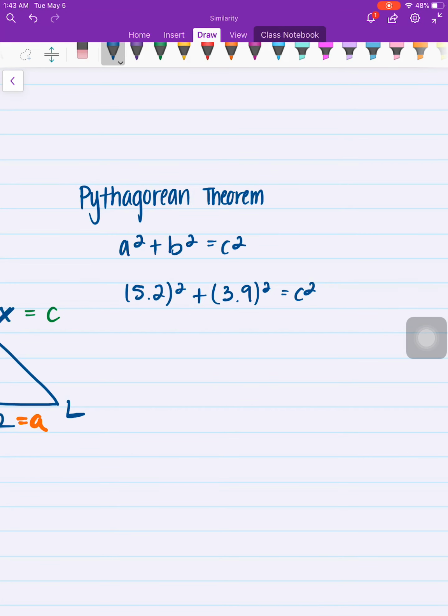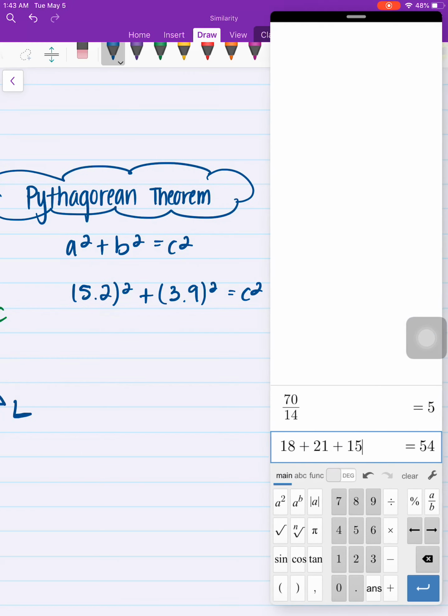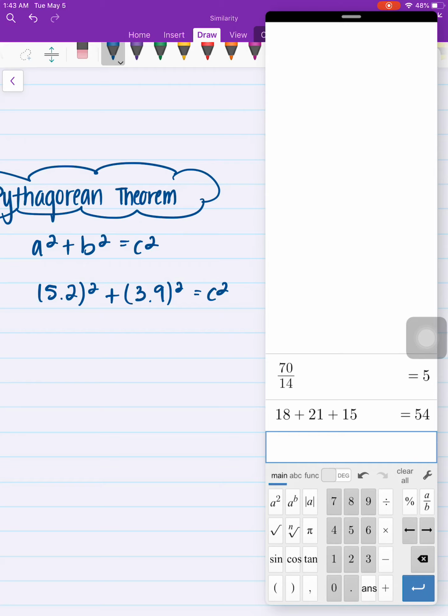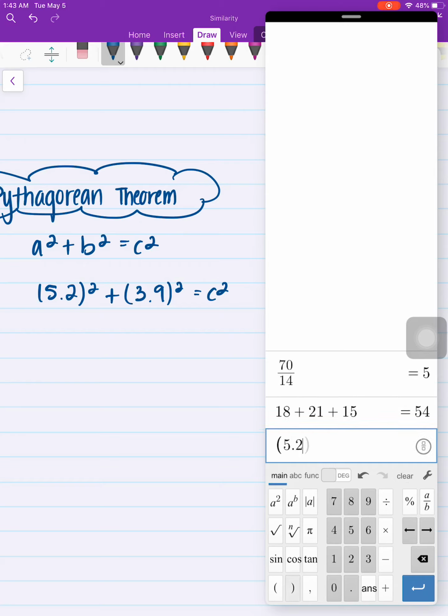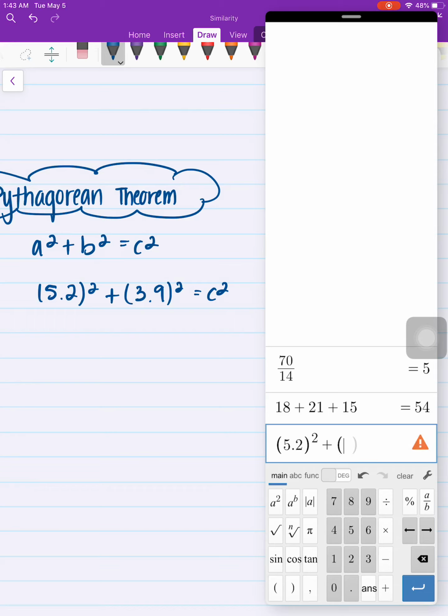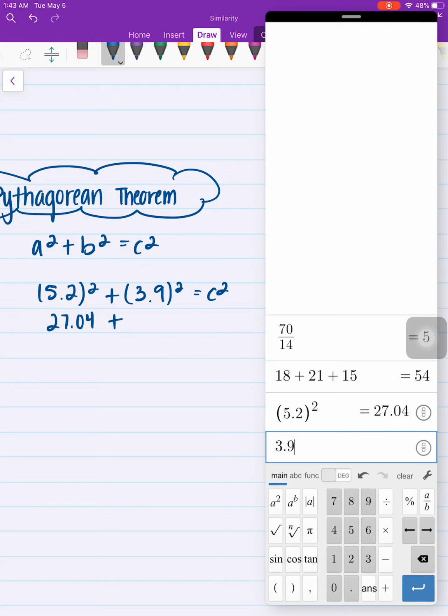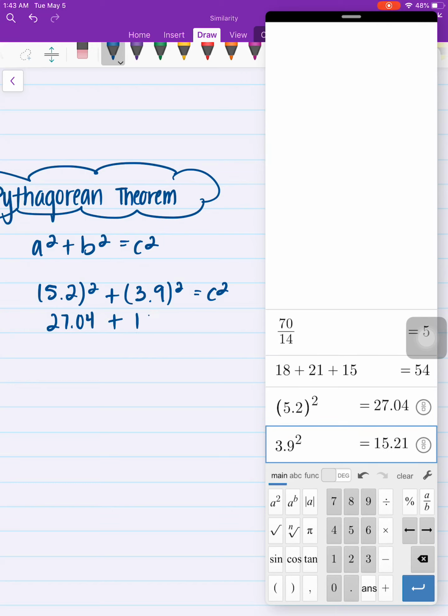What we have to do here is square each of the measurements. I'm going to bring out my calculator, and let me do it separately. 5.2 squared is 27.04, plus 3.9 squared, which is 15.21, equals c squared.